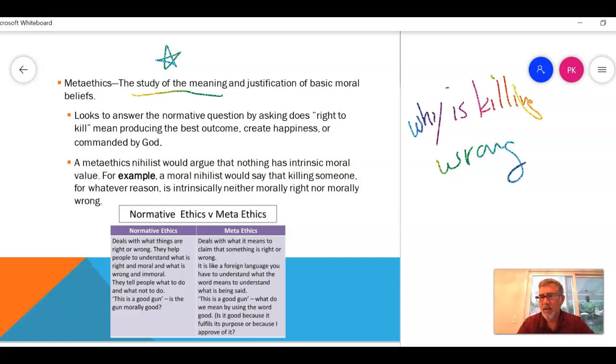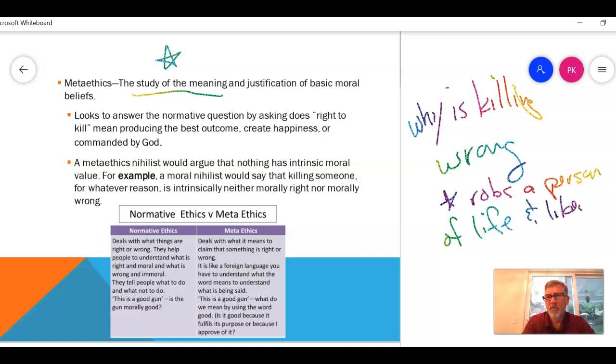So I'm not looking at is it a good or a bad action? I'm not looking at outcomes. I'm just looking at the why. Is it wrong because it robs a person of life and liberty?